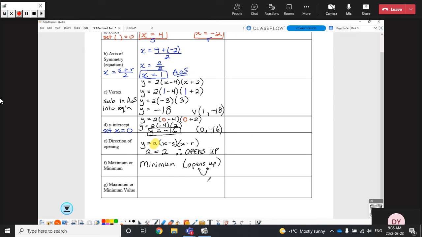That's a minimum. And now, what is the maximum slash minimum, or what we say here is optimal? That's what we're used to seeing. What is the optimal value? Yes, negative 18. We're just looking at the y part of the vertex.